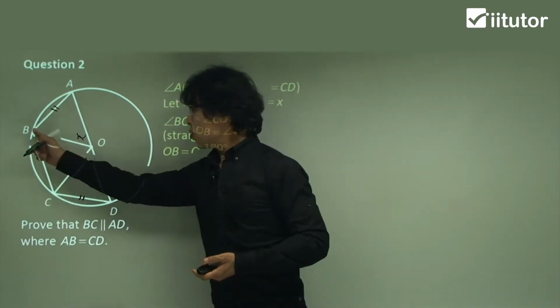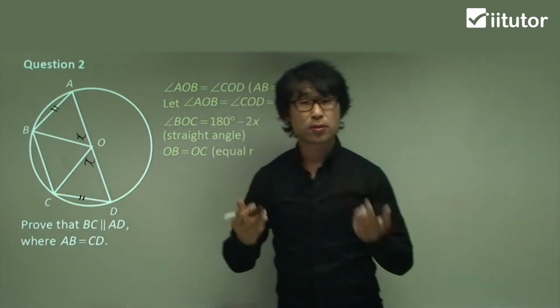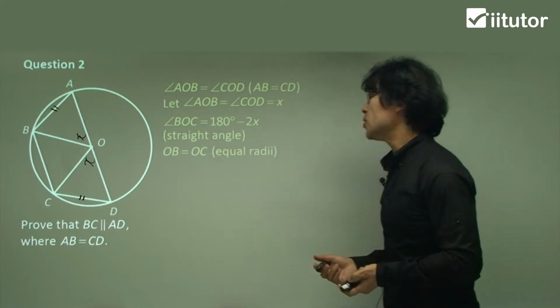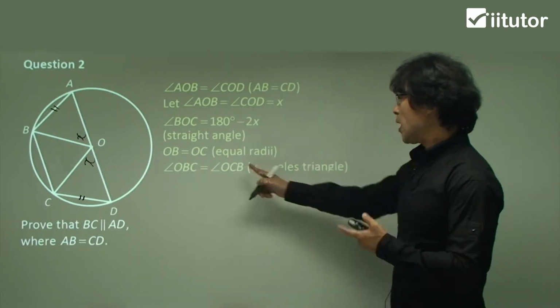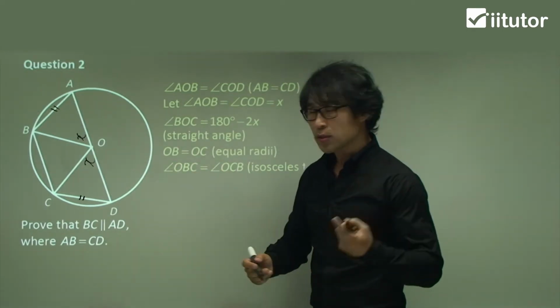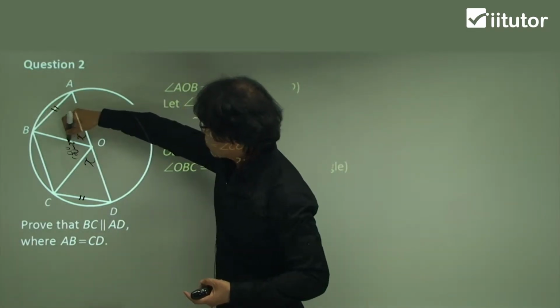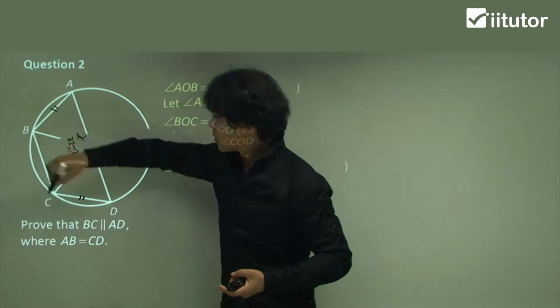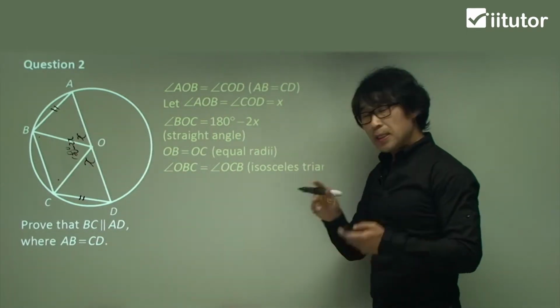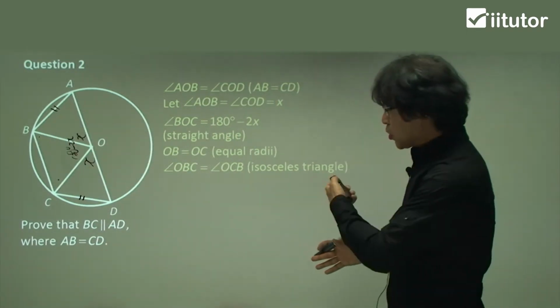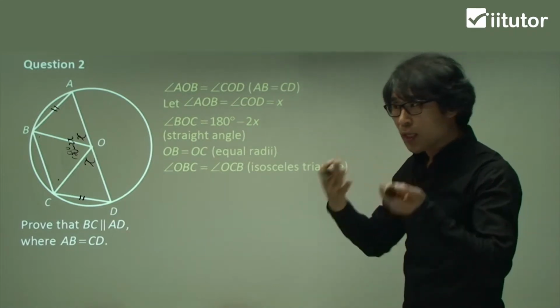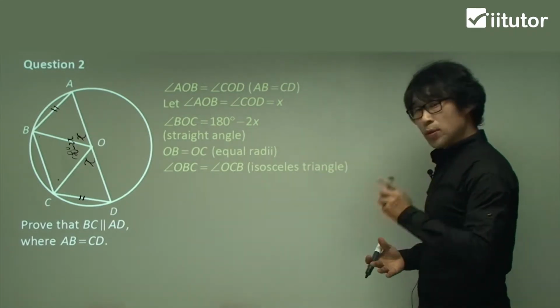So this triangle BOC is an isosceles triangle, as I've spoken to you. Okay. So therefore, the base angles of the isosceles triangle must be equal. Okay. So that's 180 minus 2x. So these two angles must be equal. So they must be x and x, but I'm going to show you how to tell properly they are all x.